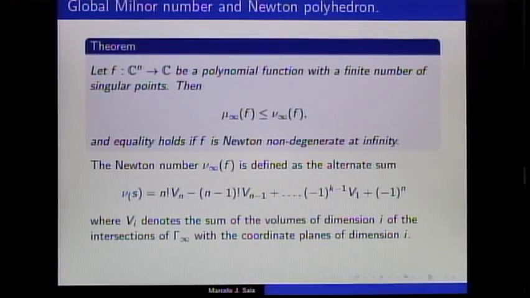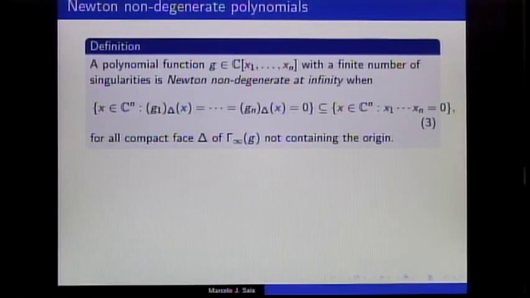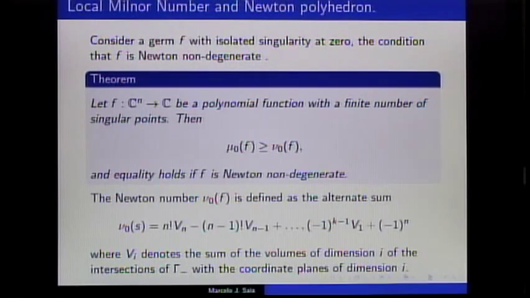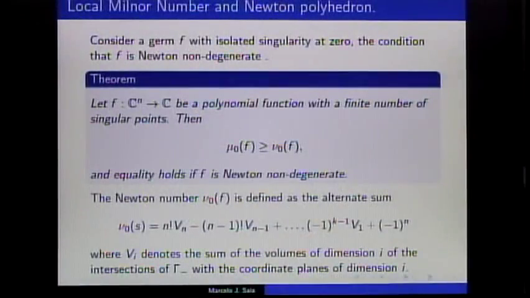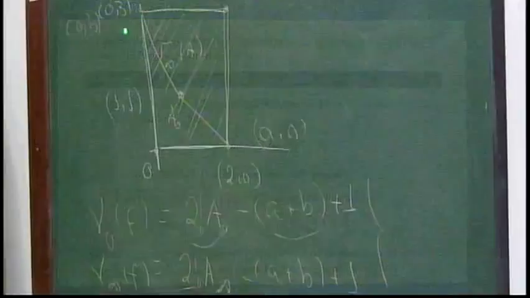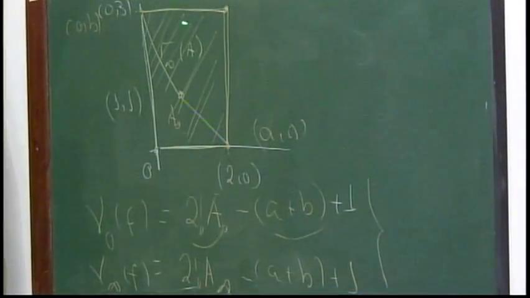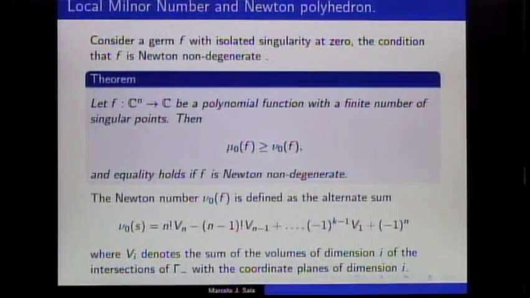The main difference is that for the first result, for the local case, we need only the area of the local Newton polyhedron, and for the other one, we need the area of the big Newton polyhedron. And the inequalities are different.